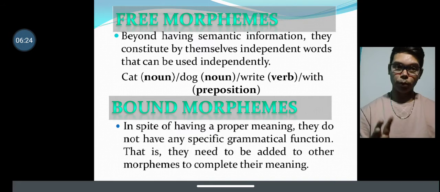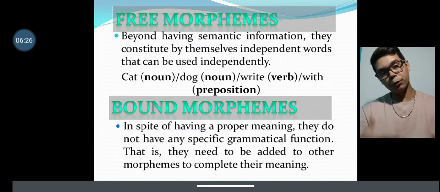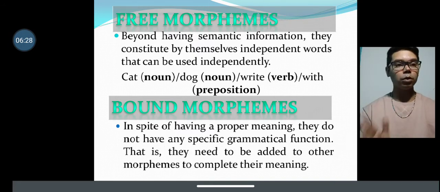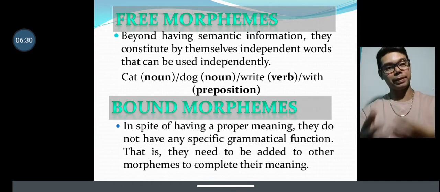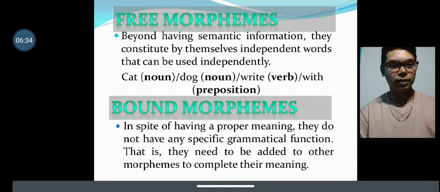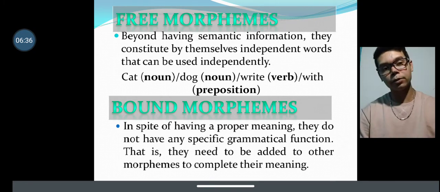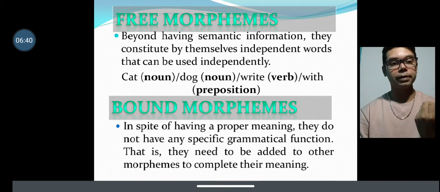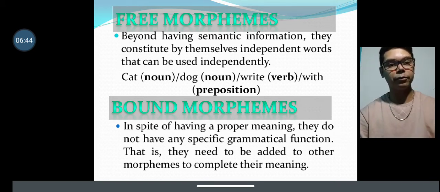So, un morfema puede ser libre, y hablamos de un morfema que es libre cuando la palabra en sí o por sí misma puede generar, contiene ya significado. Mientras que a bound morpheme, un morfema ligado, in spite of having a proper meaning, they do not have any specific grammatical function.